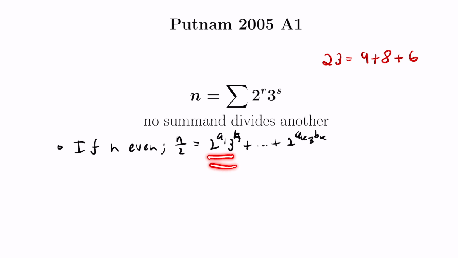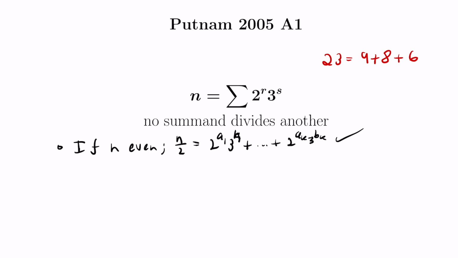Well, if none of these things divide another, then we can multiply by 2, and that would increase all of the exponents on the 2 powers by 1. And subsequently, none of the summands are going to divide each other either. So in the case that n is even, the induction actually works out a little bit more straightforward than in general, and so we're happy.